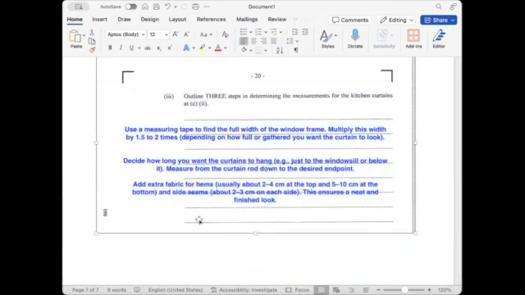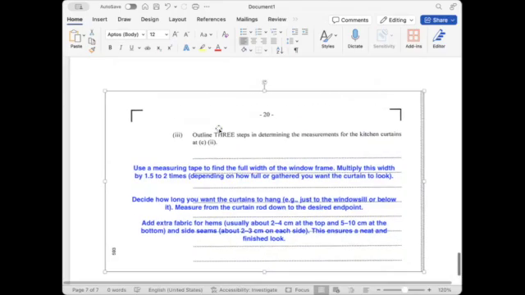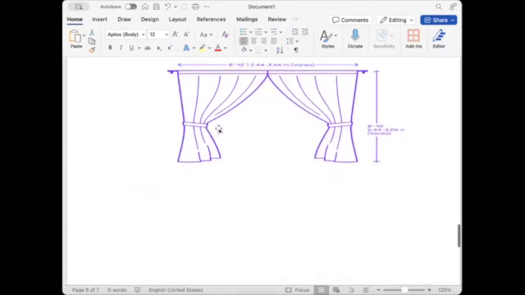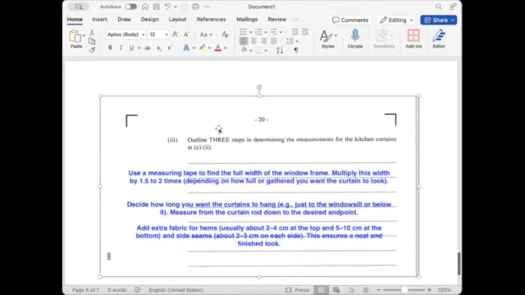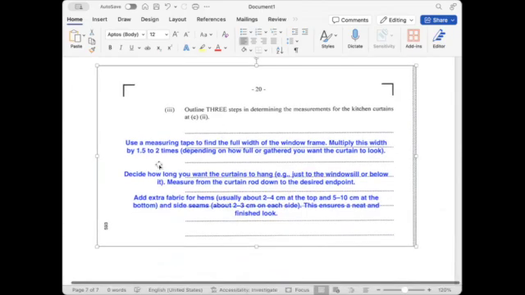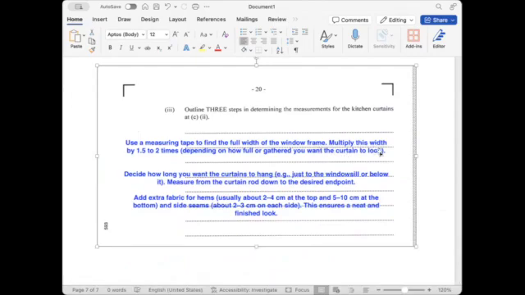And this is the final question. Outline three steps in making that curtain that you draw. So there's three steps that are going to make this curtain that we just drew. All right, so using the tape measure to find out the width of the window frame firstly, yeah, multiply the width by 1.5 to 2 times, depending on how you want the gather to look at the end of your curtain, right?